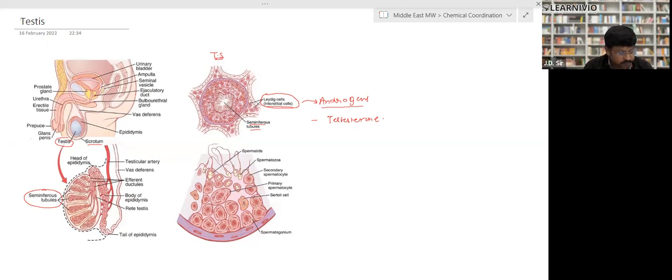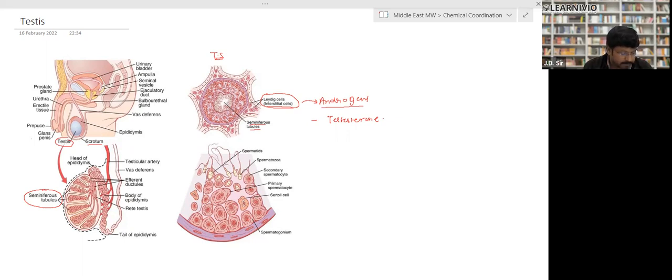The function is growth and development of hormone that develops secondary sex characteristics. Full stop.